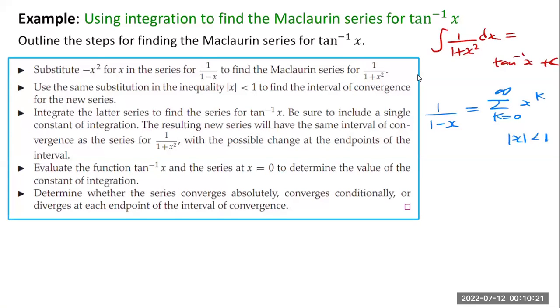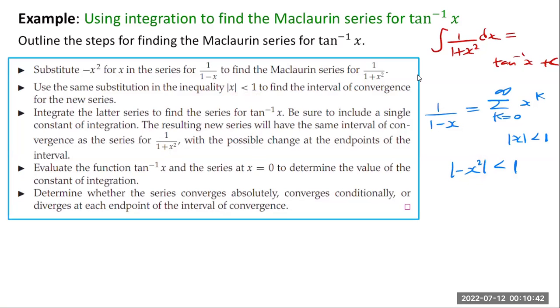Similarly, for the new series, you need the absolute value of minus x squared to be less than 1, because you are replacing x by minus x squared on both sides.